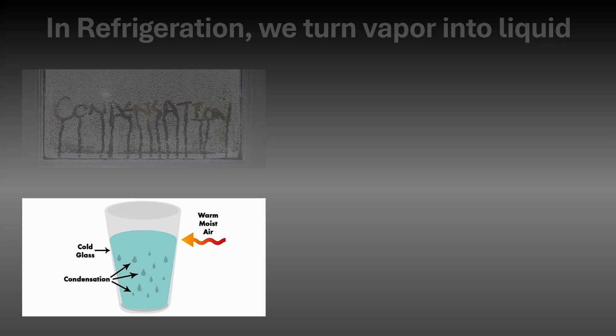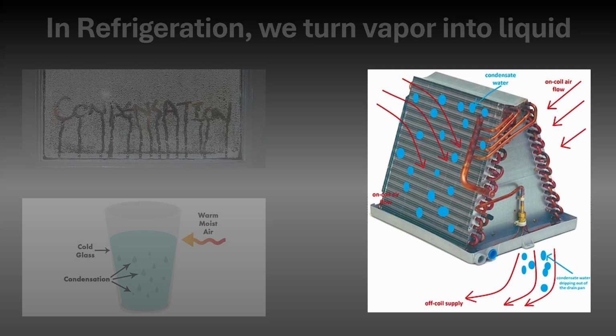Most of us know when you see condensation on a window like this or on a mirror when you're having a hot shower in the bathroom, what's actually happening is warm, moist air is coming into contact with a colder surface, and then that moist air, that water that's in vapor form, the humidity, it's condensing to liquid form, and that's condensation.